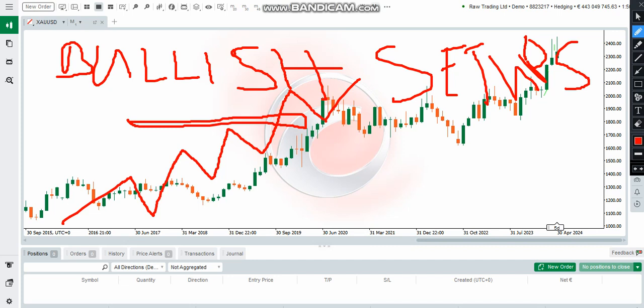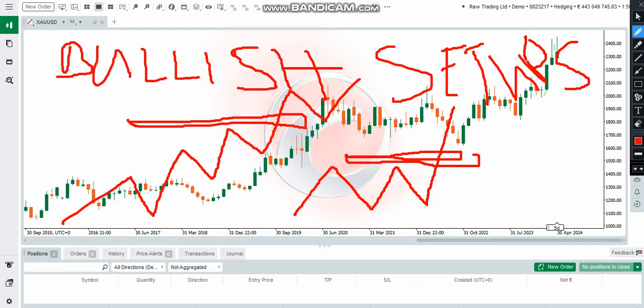That's an example of a bullish setup. You can also have something like this. But the fact that price has broken this previous zone, that is a valid bullish setup. Is that clear?